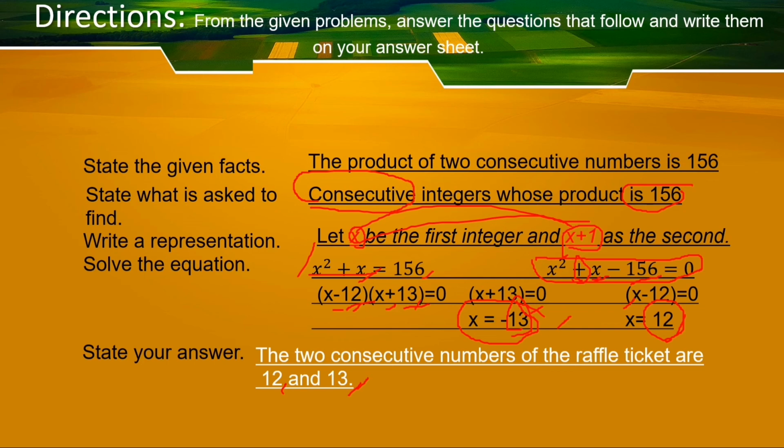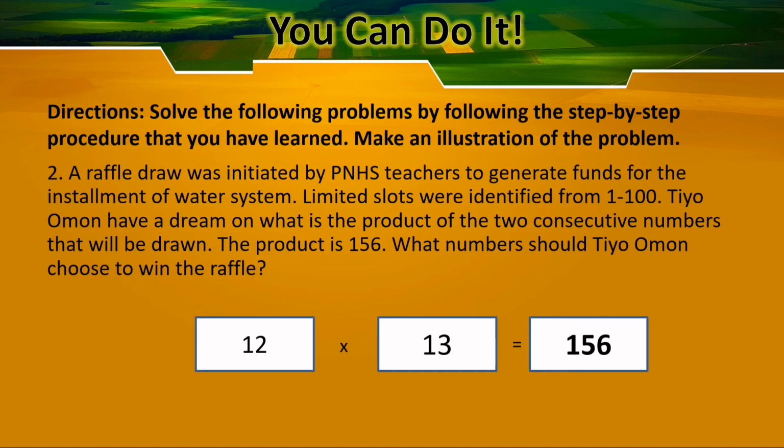So, to check your answer, you have here, this is the first number and the second number is x plus 1. And that the product is equal to 156. That's why you have 12 times the quantity 12 plus 1 is equal to 156. So, another way of checking is going back to your representation or illustration.